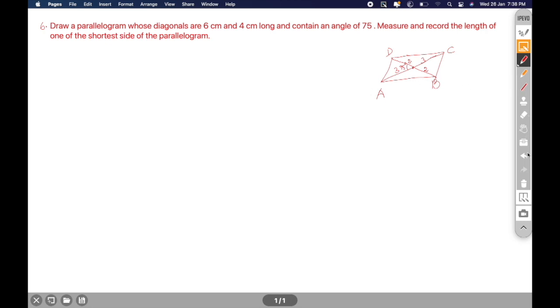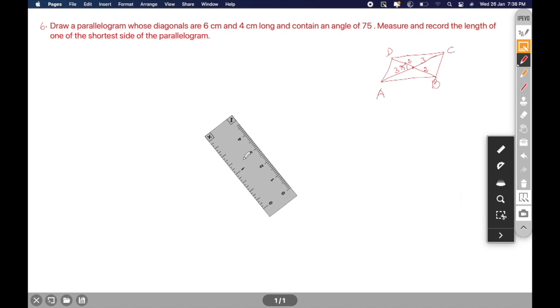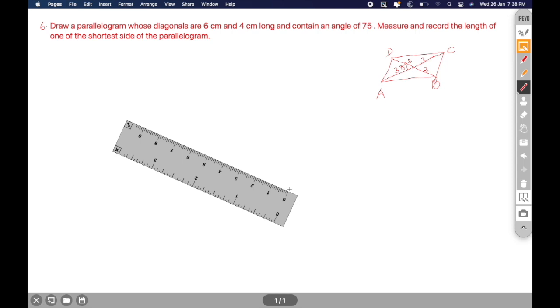So first of all, using a ruler, I will draw a diagonal which is of length 6 centimeter and mark its midpoint.